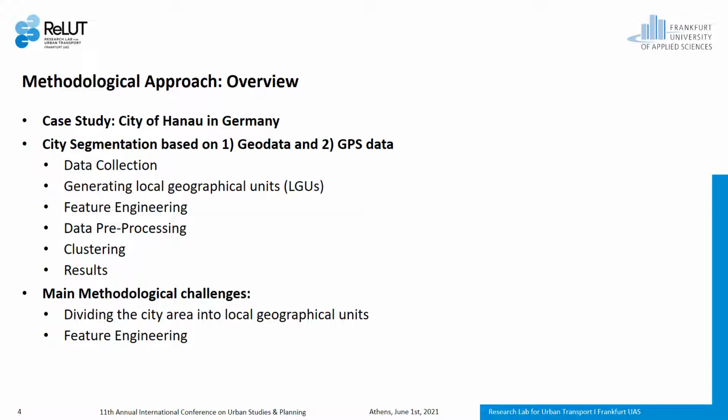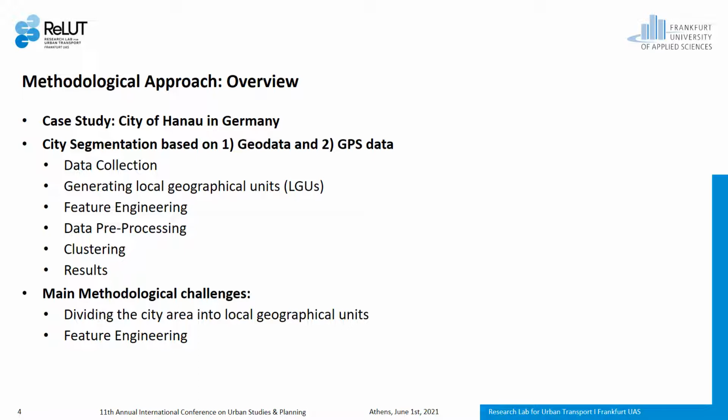The next step is data preprocessing, which contains data normalization and data reduction. This step reduces the chance of developing biases and deviations in our model. Then we cluster the LGUs using the k-means algorithm, and finally discuss the results.